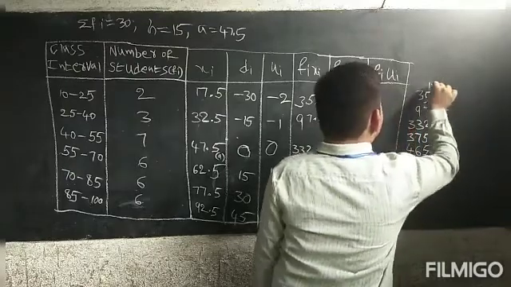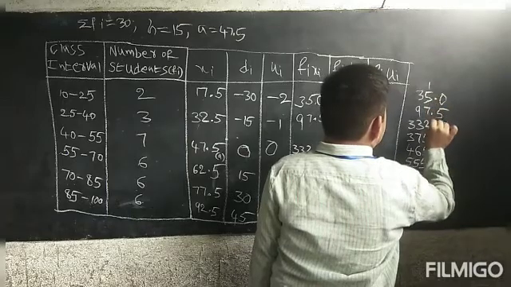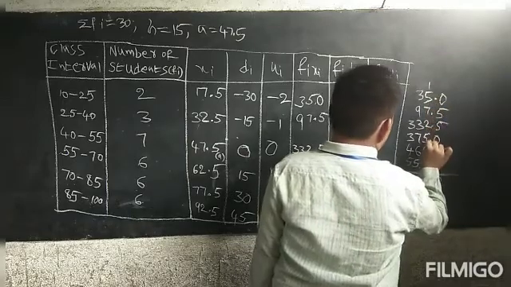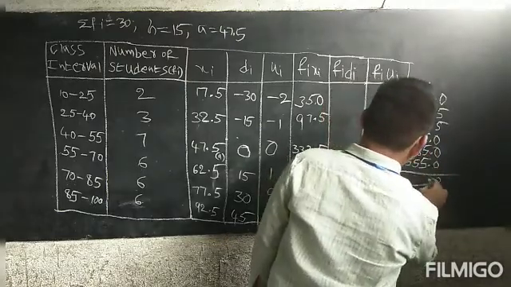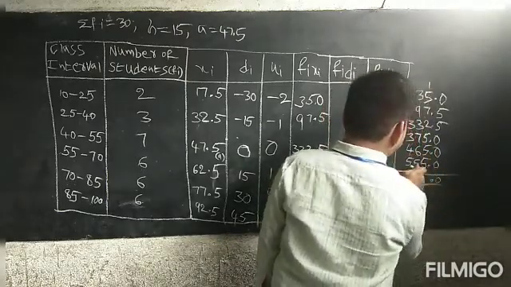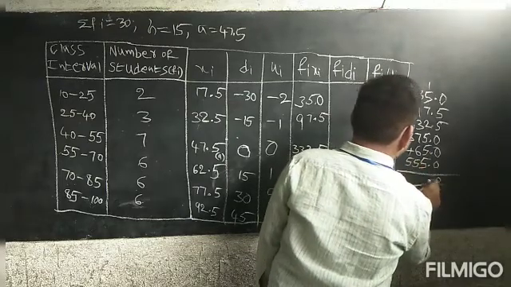Now on the third, 6 plus 7, 13. 13 plus 2, 15. 15 plus 5, 20. 20 plus 5, 25. 25 plus 5, 30.